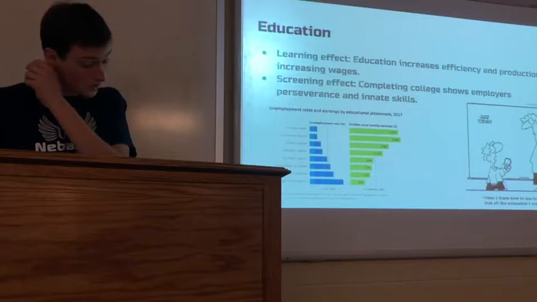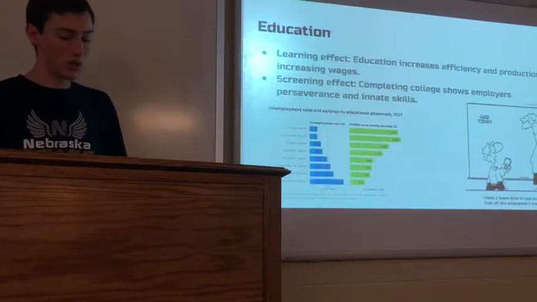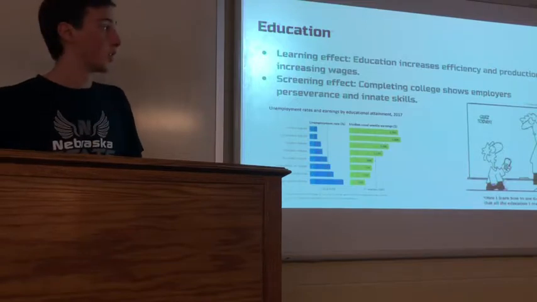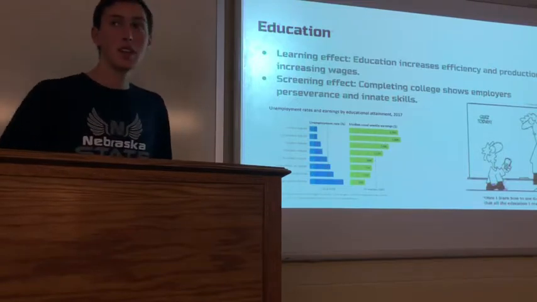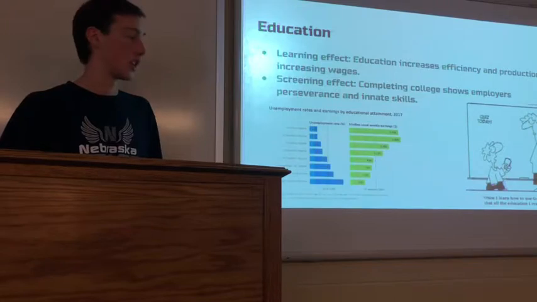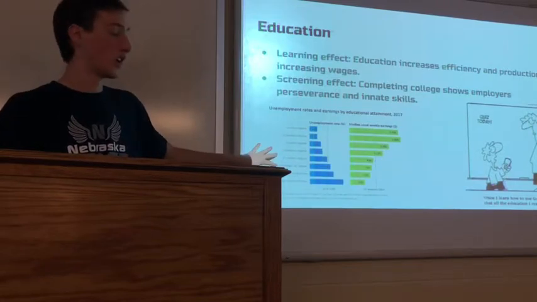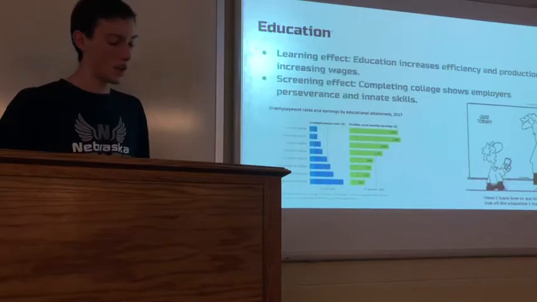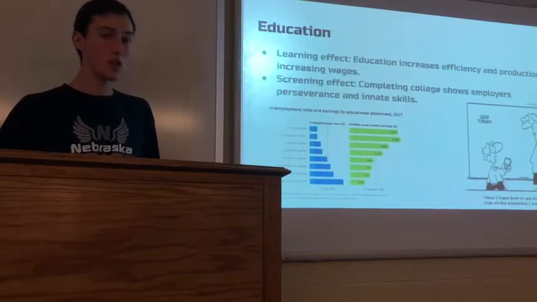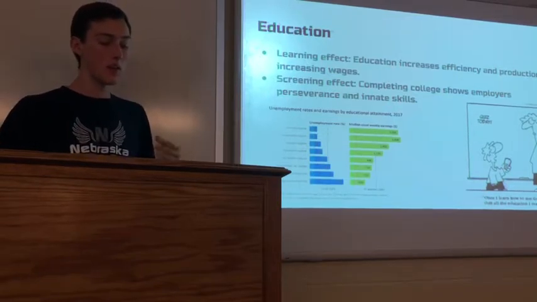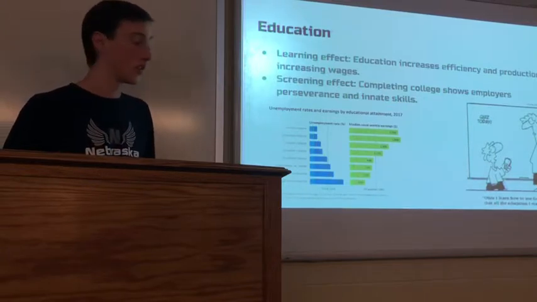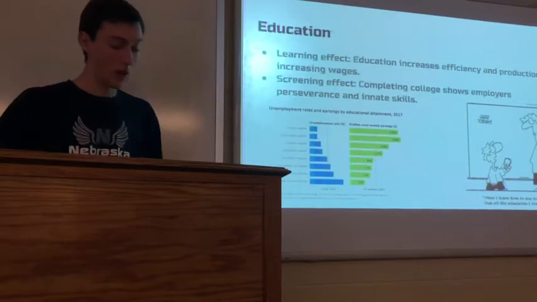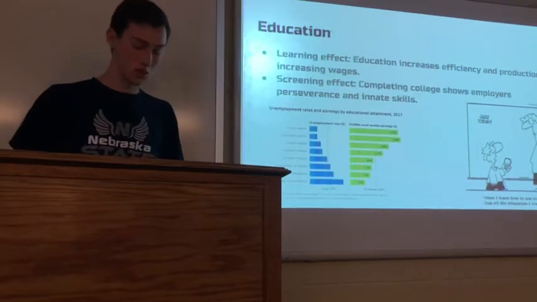Education. This plays an important role in our labor, and if you don't pay attention to anything else in this presentation, I'd pay attention to this graph. Now I don't think you can read it, but there's another graph on page 220, and it basically shows the amount of education people have and the average income they receive. I'll use the graph on page 220.